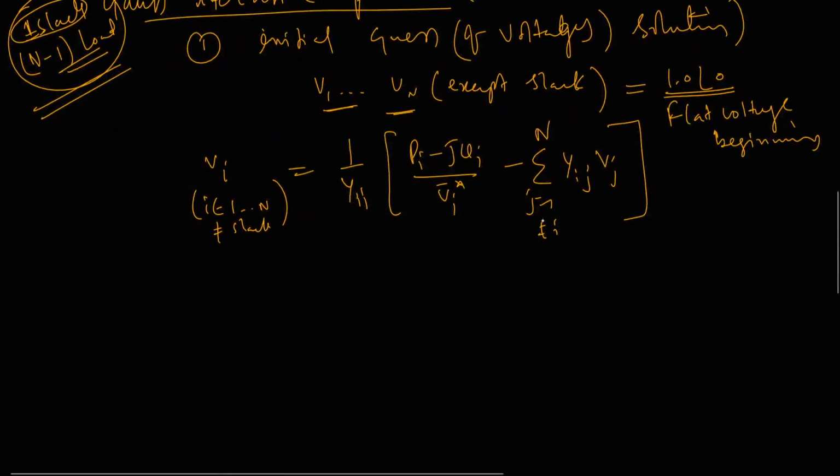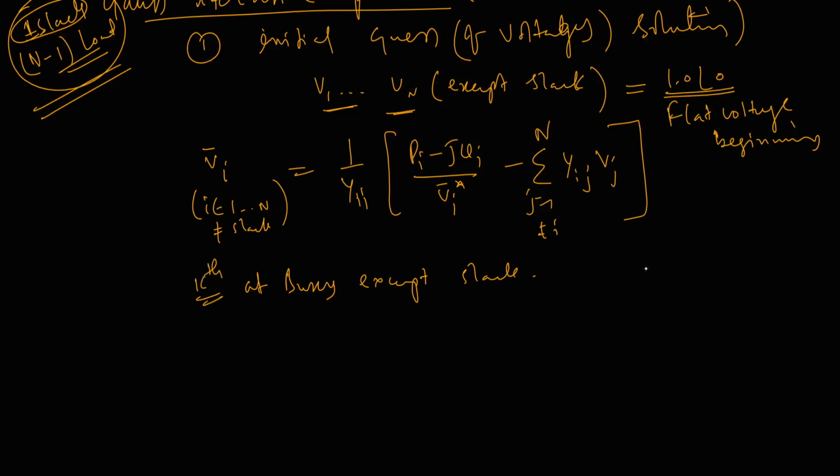Okay, the same equation. Now repeat after calculating these Vi's at all buses except slack. Assume that this is at the kth iteration. You have calculated all bus voltages.